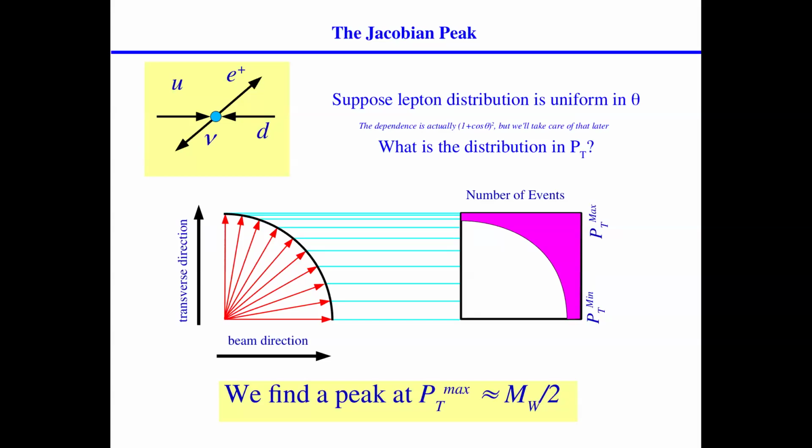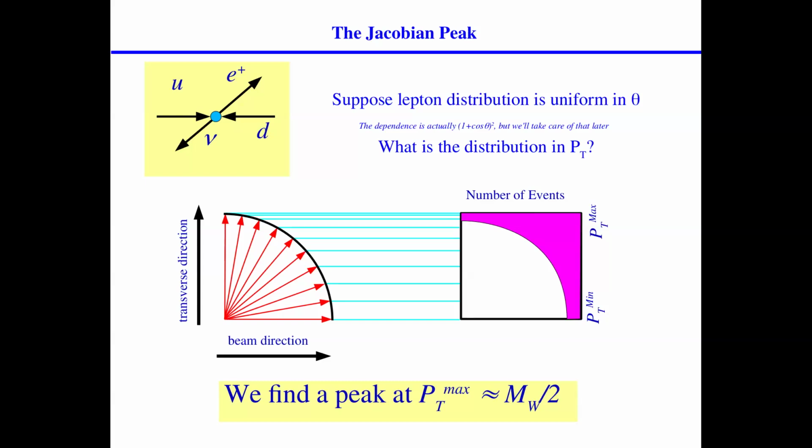So I've got these cyan lines going over here. And if you tilt your head, here's the plot of number of events for low PT and high PT. Okay. And you see, just because of the geometry of this, I've got a lot of lines up here at the maximum PT and fewer down here at minimum PT. Okay, and so that's the essence of the Jacobian peak.